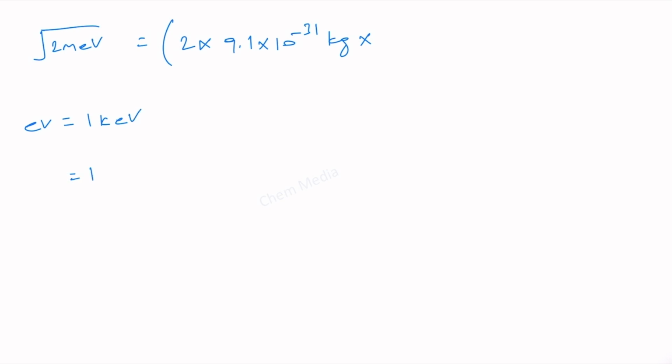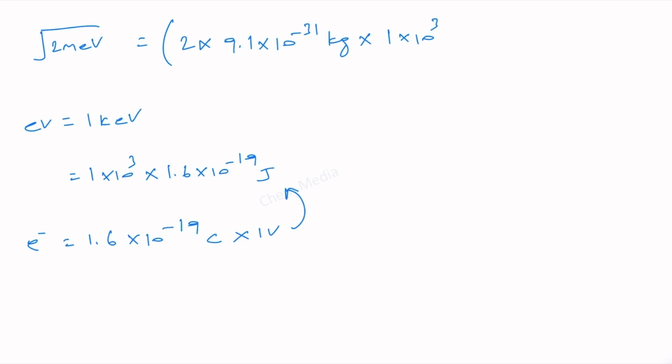This means this is equal to 1 times 10 to the power 3 times 1.6 times 10 to the power minus 19 joules, because the charge of an electron is equal to 1.6 times 10 to the power minus 19 coulombs, which multiplied by 1 volt gives this value. Therefore, 1 times 10 to the power 3 times 1.6 times 10 to the power minus 19 joules, to the whole power 1 by 2.